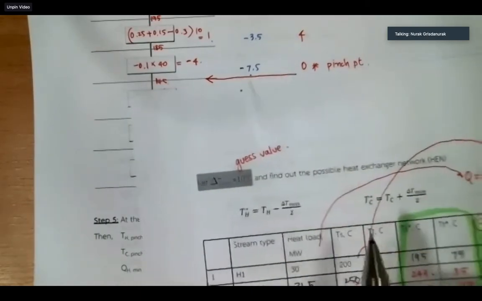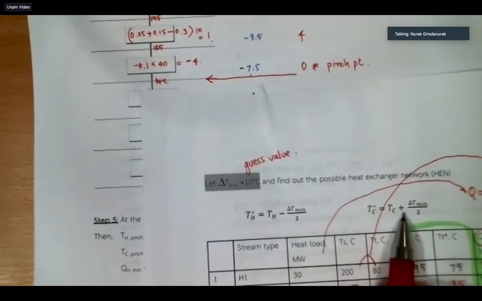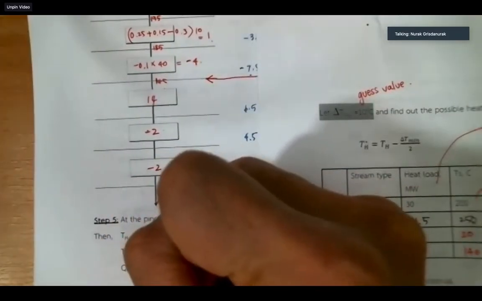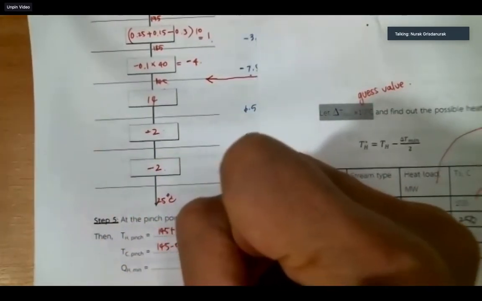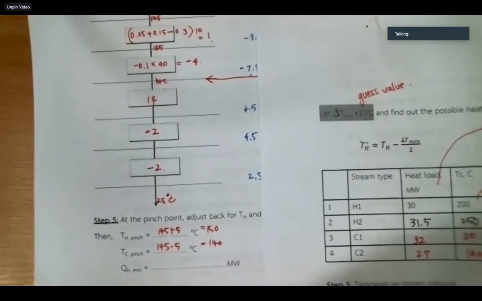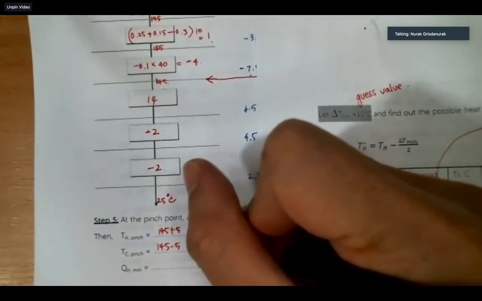How about cold? You used to add first, now you have to subtract back, so what I get is 145 minus 1, then 142.